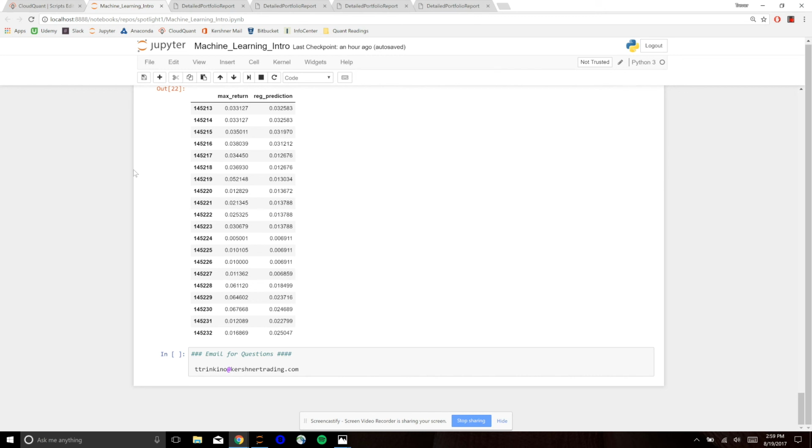Discretionary traders could use it for anything from imbalances. They could try and predict if an imbalance was going to flip on them, and they could use a random forest to predict with a certain level of confidence whether or not that flip was going to happen. There's millions of different ways that you could potentially apply it. You could even apply it to your personal trade blotter.